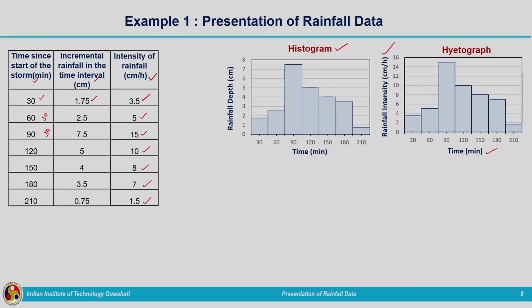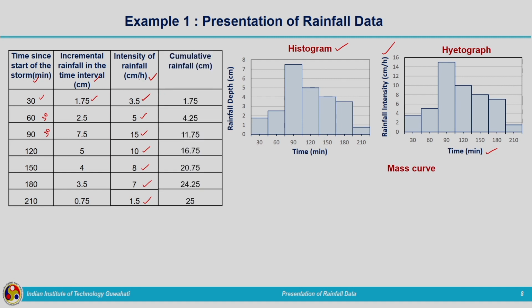First, let us make the tabular column for plotting the mass curve. Initially for the 30 minutes it is 1.75 only. Now coming to 60 minutes, it is inclusive of the initial 30 minutes rainfall and also that incremental rainfall. It is the sum of 1.75 and 2.5, which comes to 4.25 centimeters.